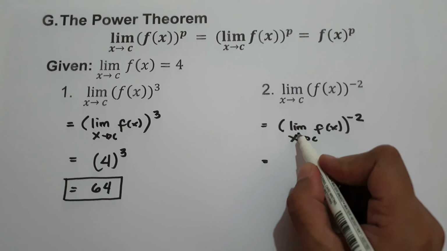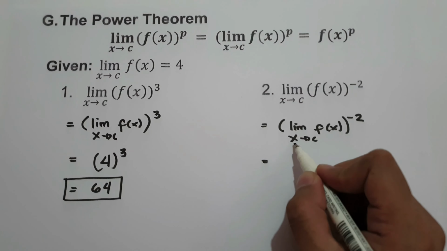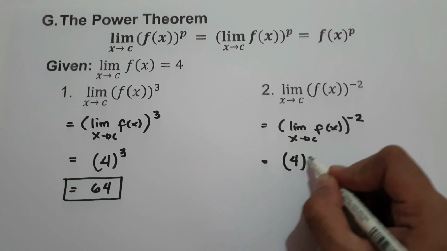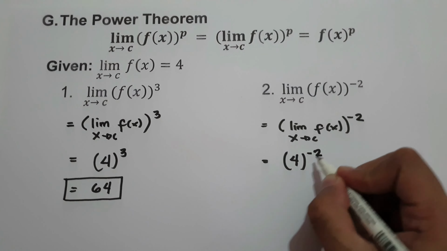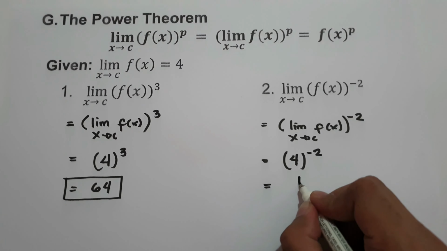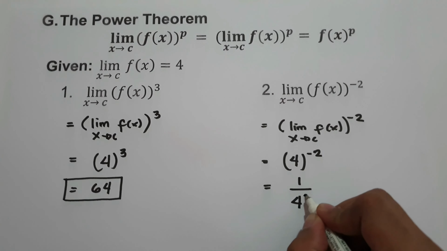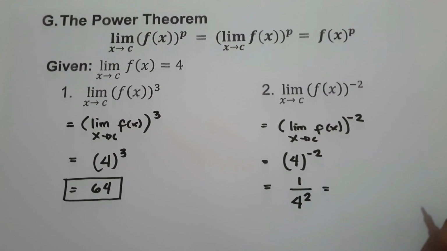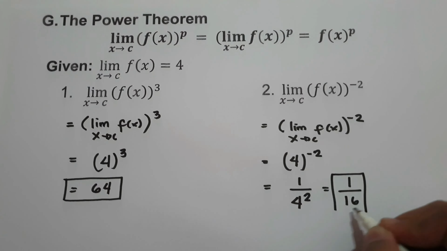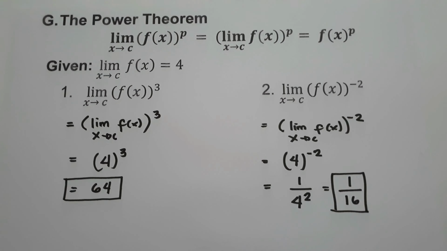The value of the limit is 4, so we have 4 raised to negative 2. And 4 raised to negative 2 is 1 over 4 raised to 2. To simplify, 1 over 4 raised to 2 is 1 over 16. So this will be our answer. So that is the power theorem.